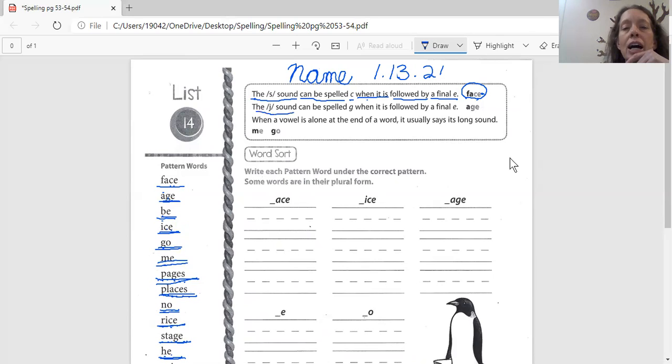The J sound can be spelled G when it is followed by a final E. Age. There's my example.